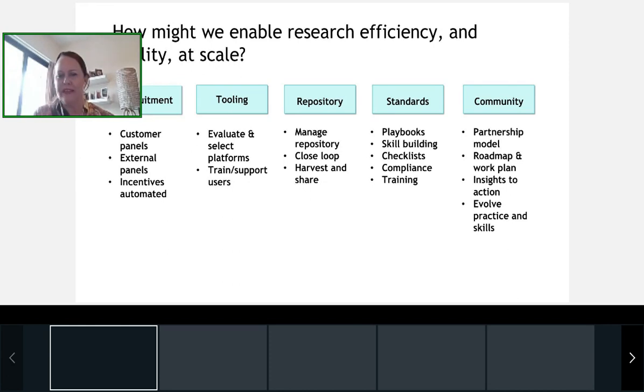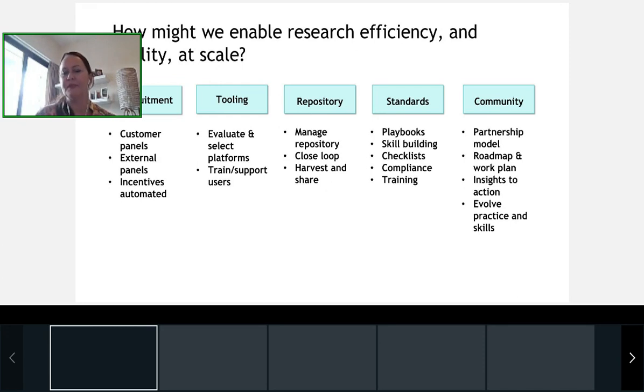Repository. I've been in this game for a long time, and knowledge is always a challenge. So you have to have a discipline, and everyone brings things back into that knowledge repository, and you close the loop, and you keep resurfacing insights as well. The standards: we're on a path to democratization and getting more people to be able to do things themselves. But that comes with accountability as well.